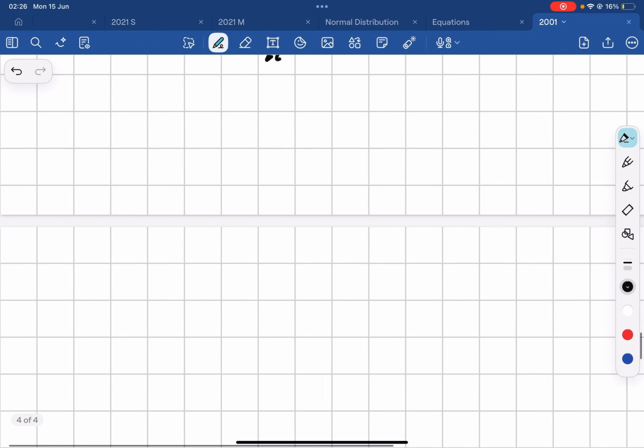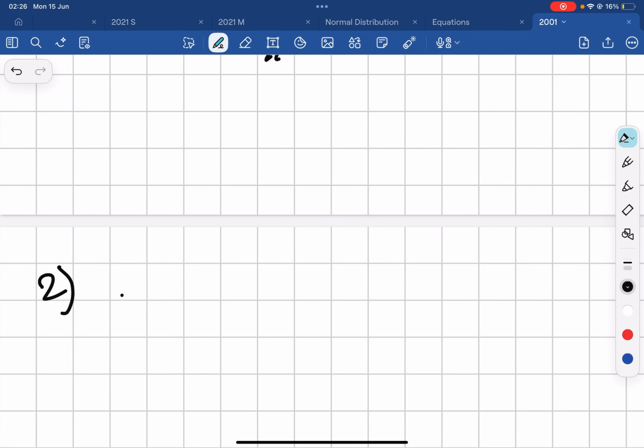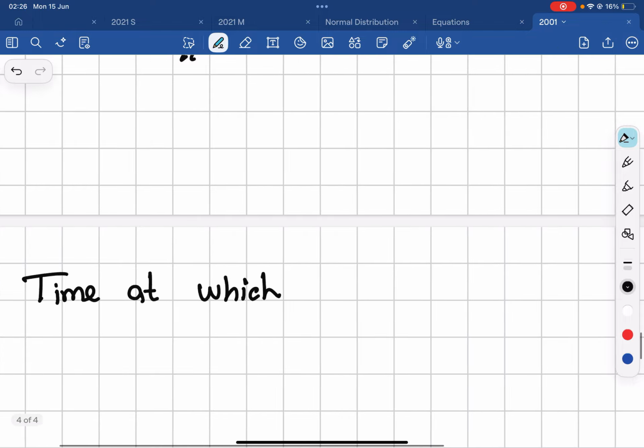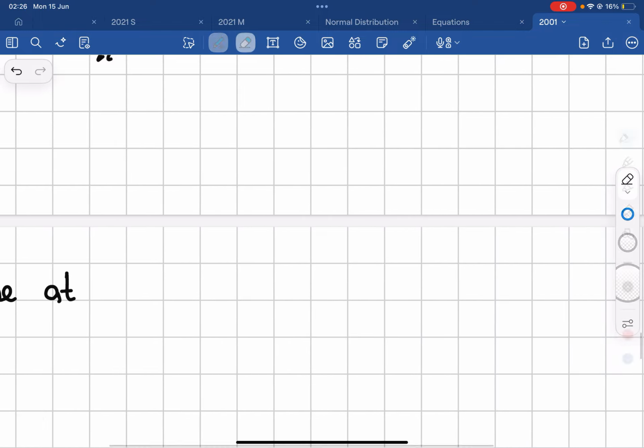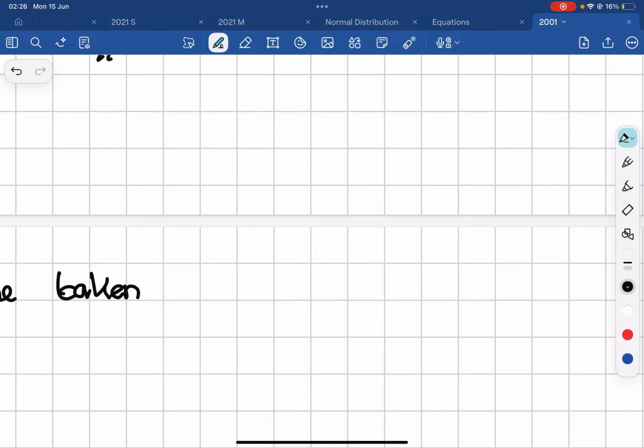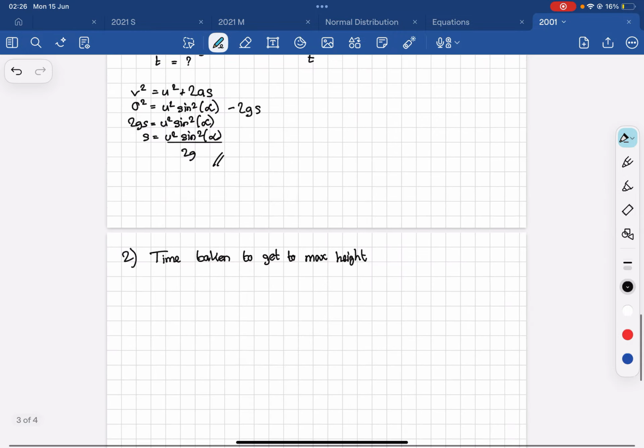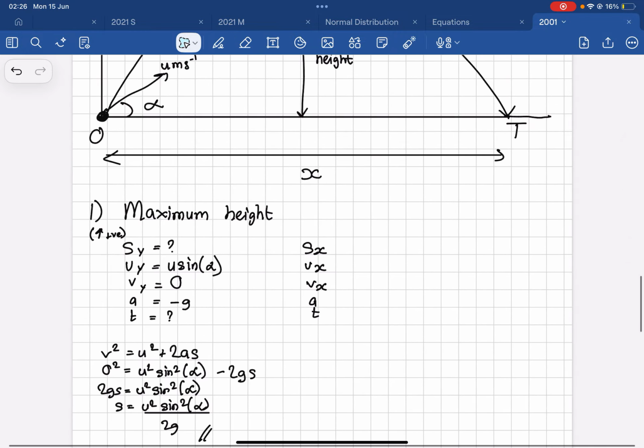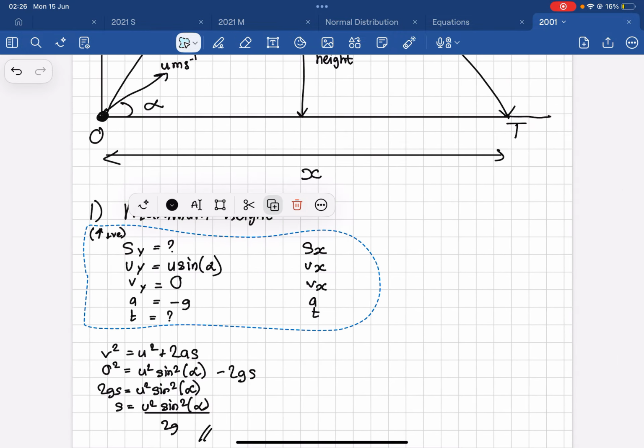The second formula we want to derive is the time taken to get to maximum height. So again, keeping pretty much everything the same, we just copy this down.